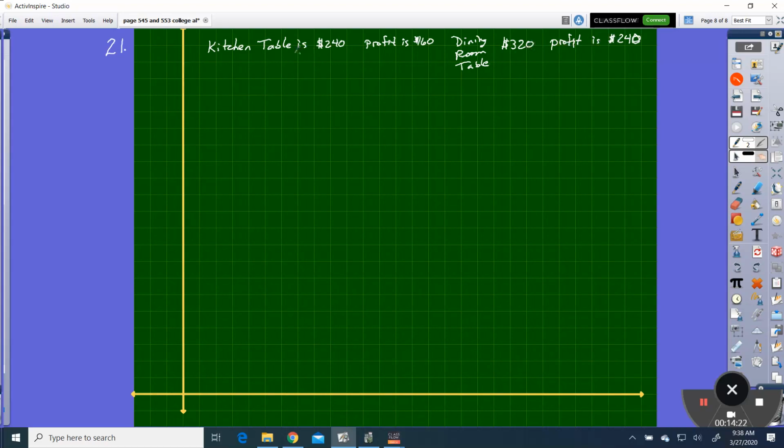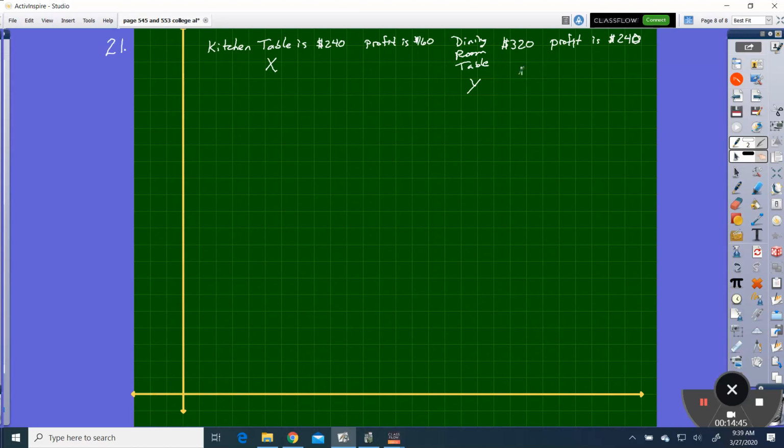Let X represent the number of kitchen tables per month, let Y represent the number of dining room tables per month. Okay. Write an objective function representing the monthly profit for producing and selling X kitchen tables and Y dining room tables.